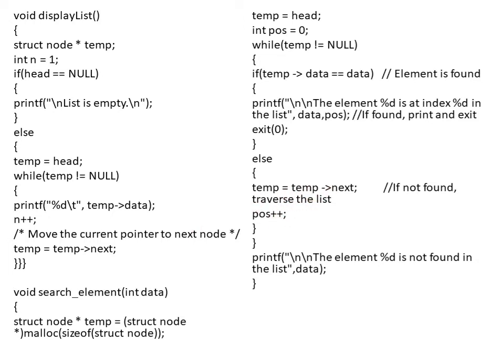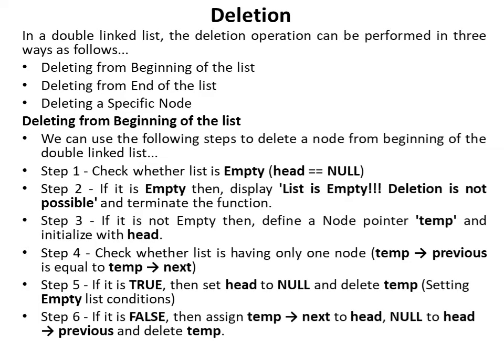If the element is found, it will be displayed here. If it is not found, it will print not found. Here the element is not found in the list. This is how searching and displaying work, and how the list was created previously.